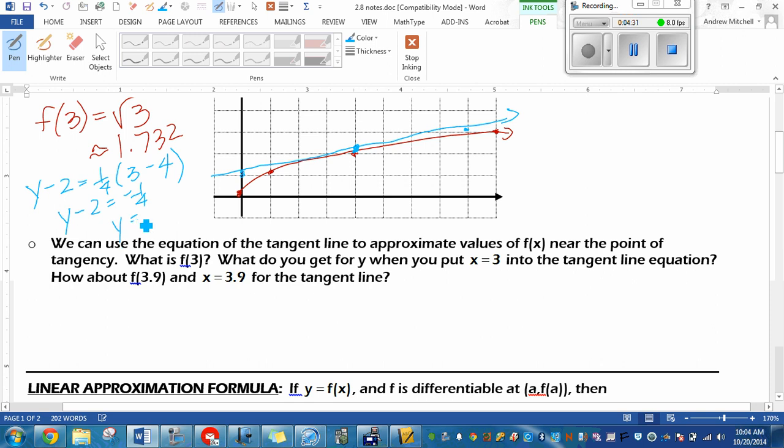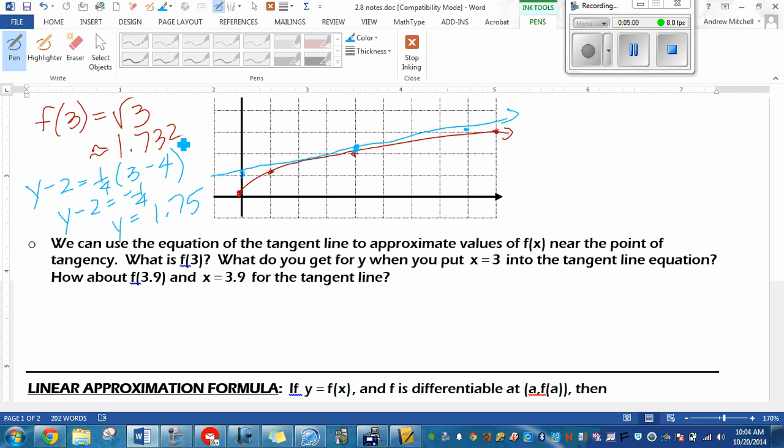If we add 2 to both sides, we get 1.75. Okay, look at that. That's 18 thousandths off from the actual answer, approximately. Right? That's relatively close. Without actually using a calculator to figure out the square root of 3, we can get a pretty good approximation. And what you'll see is the closer we get to that point of tangency, the closer our approximation is going to be.